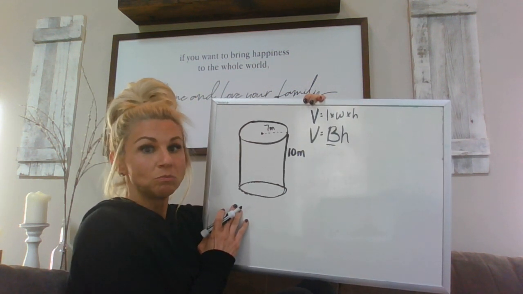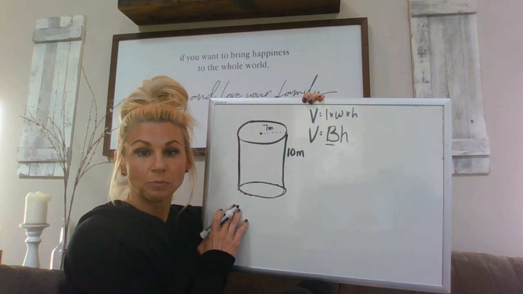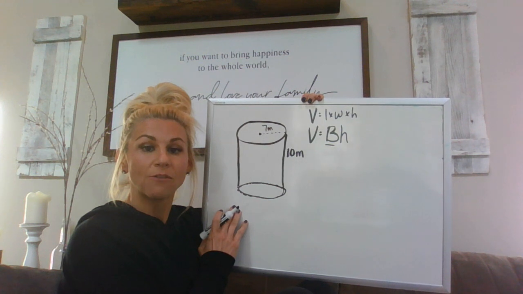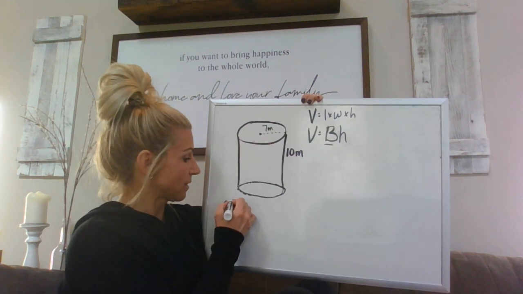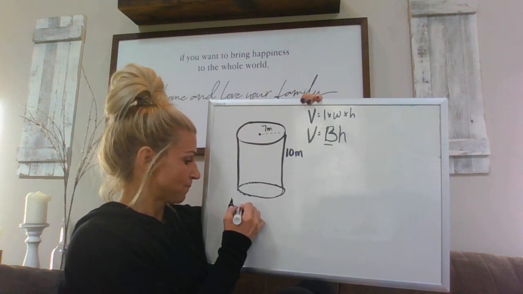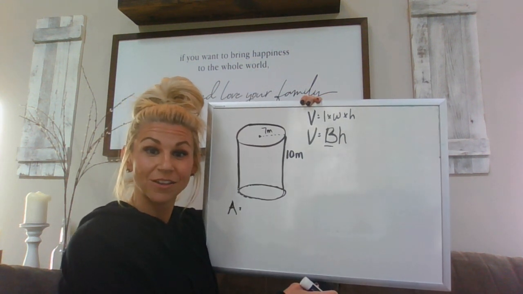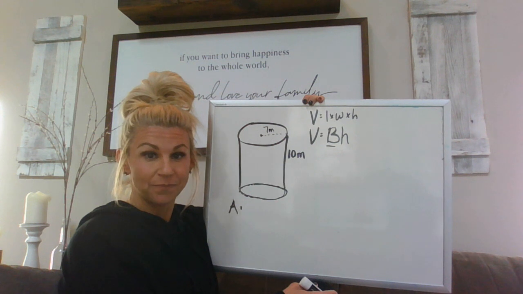Okay, in a normal square or parallelogram, the formula for area is length times width or base times height. Okay, well, a circle doesn't have either of those things. It doesn't have a length or a height, right?